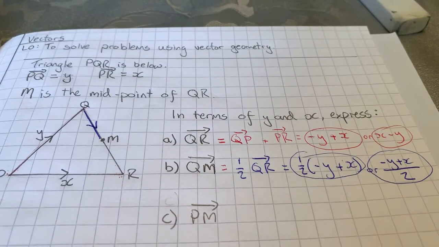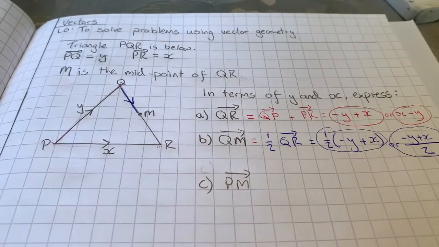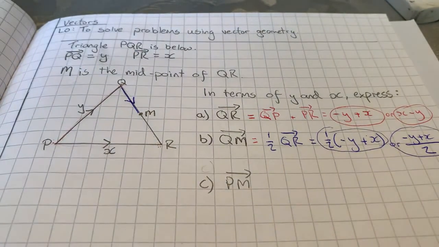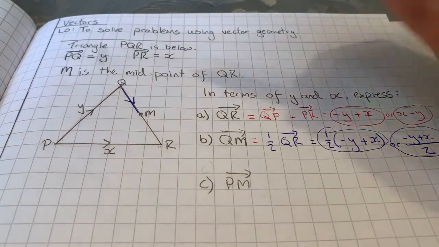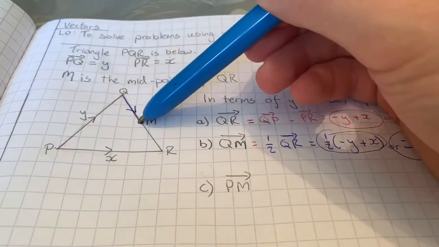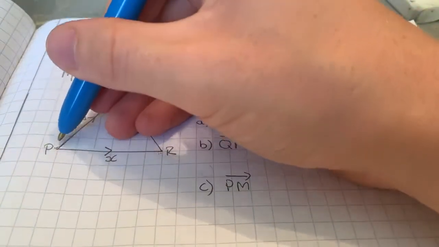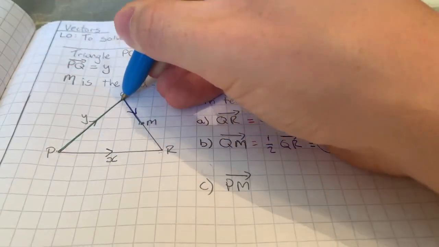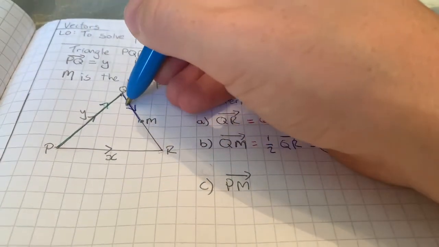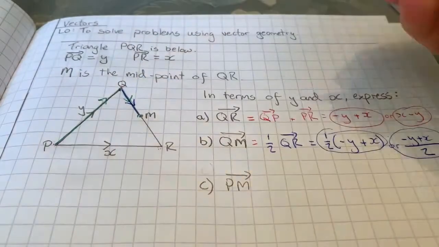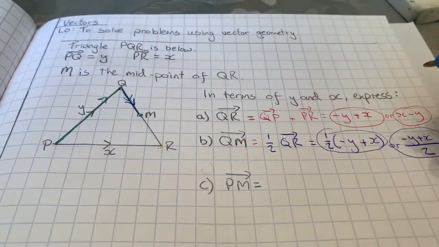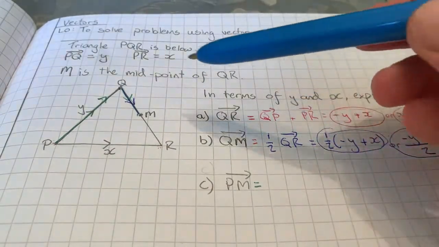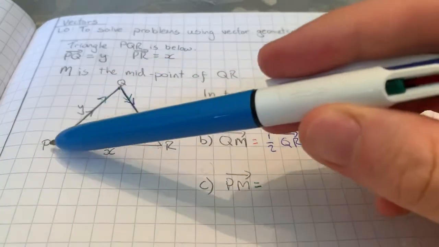Now, the final part here is going from point P to point M. So point P is here, and we want to go to that point M. So we want to go this way, up there, and then down there. Now, you've already done some of the work for this question, so break it down to what you know.